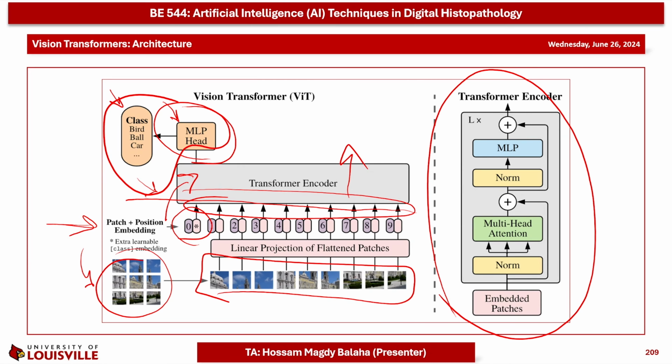This extracted token is processed until it returns the logits, and these logits are applied to a softmax function to produce the class probabilities, and based on these probabilities you can obtain the class.